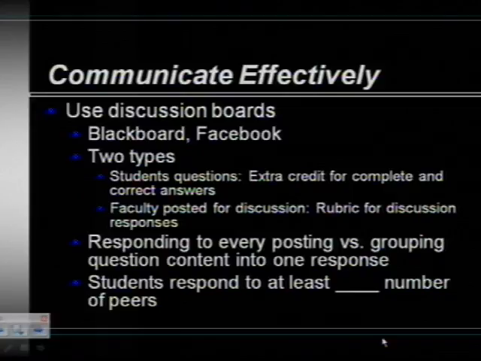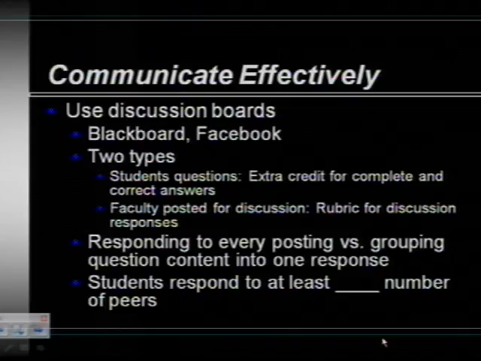Discussion boards, again, you know now I'm using Blackboard and Facebook, but there's typically 2 types of questions that show up on the discussion board. Ones that students post and they want answers to, and ones you might post and you want the students to discuss some type of content, course content.